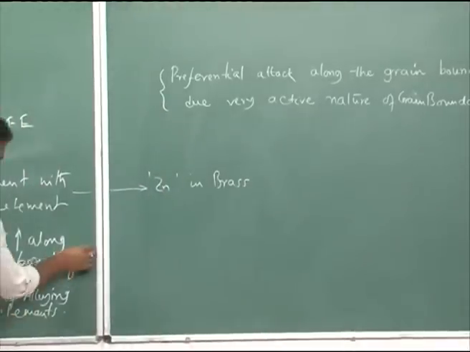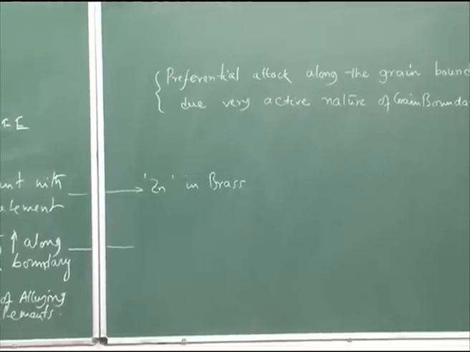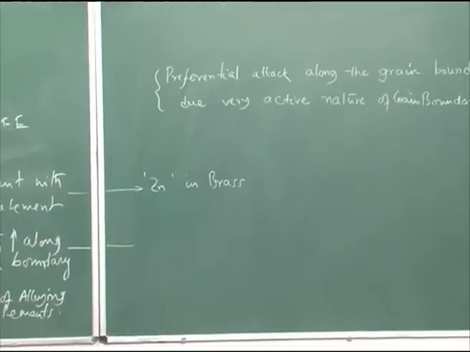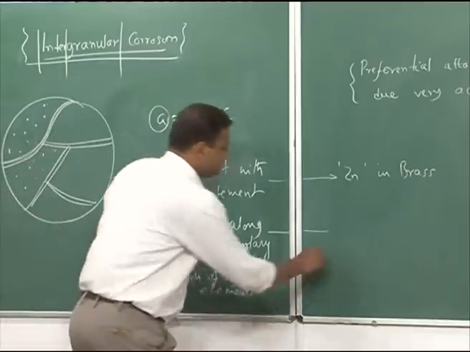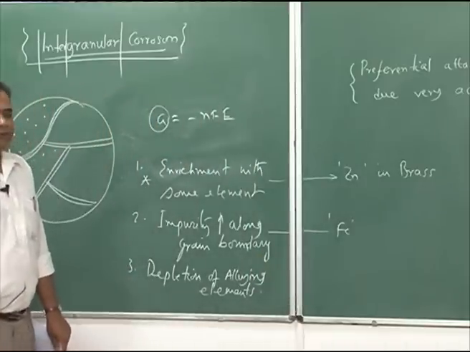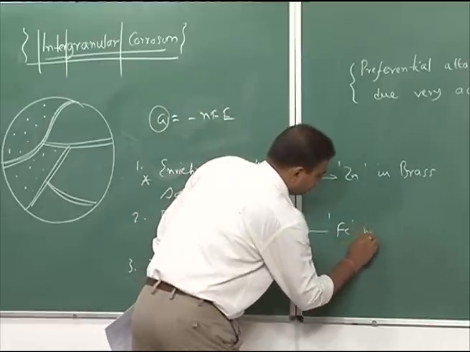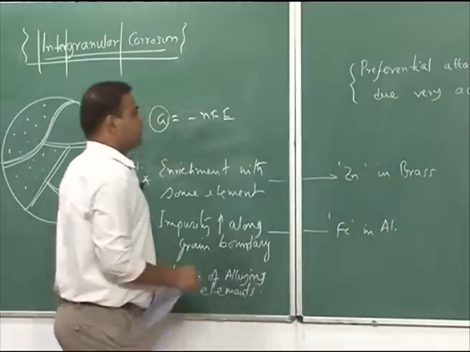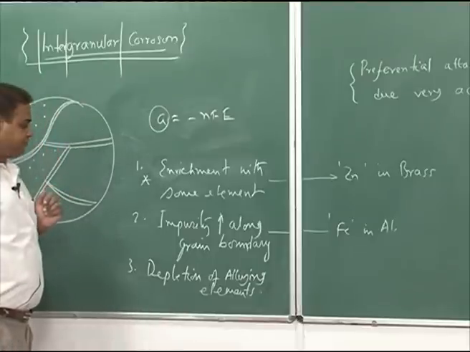And the second case: generally in aluminum alloys, iron can go into solution in a very minor amount. This iron is considered an impurity in aluminum. That iron can also go to the grain boundary regions and make the grain boundary very active.